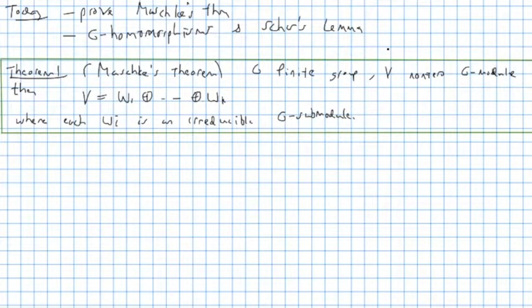So here is Maschke's theorem. What is the matrix form of this result?